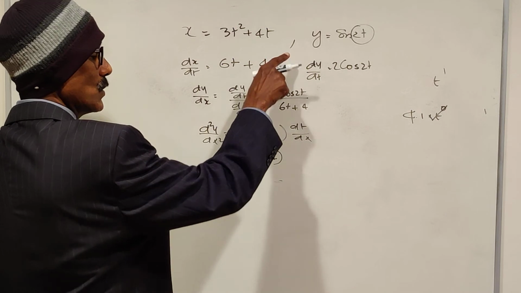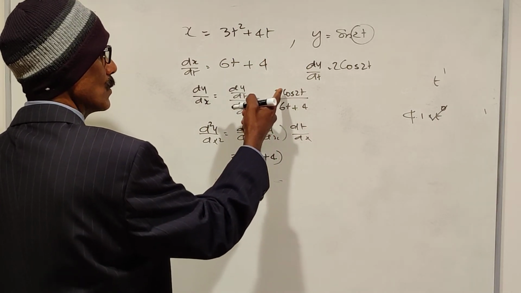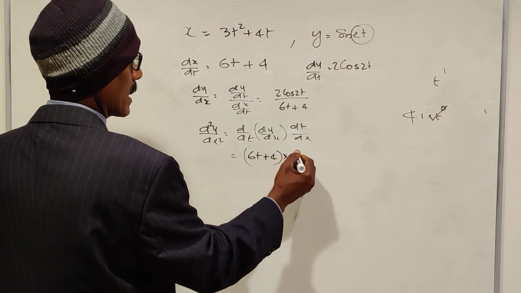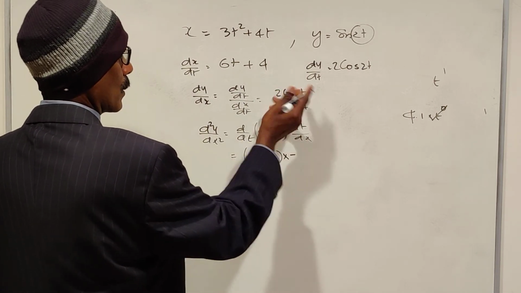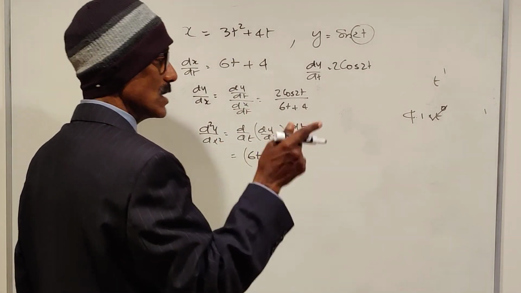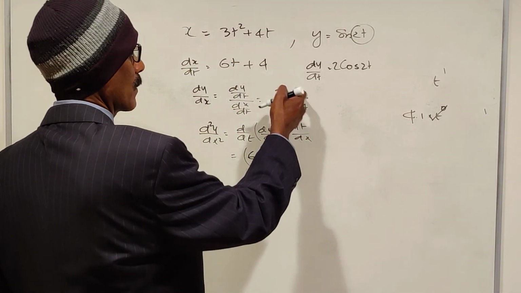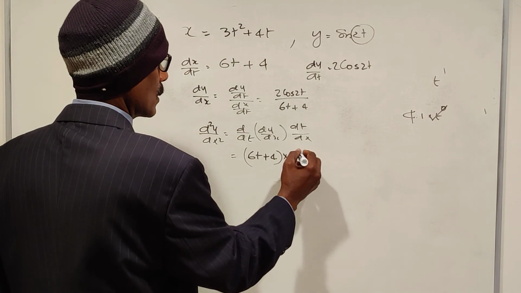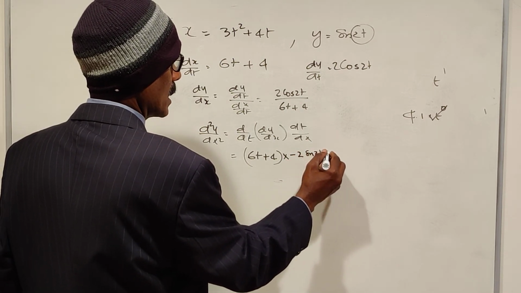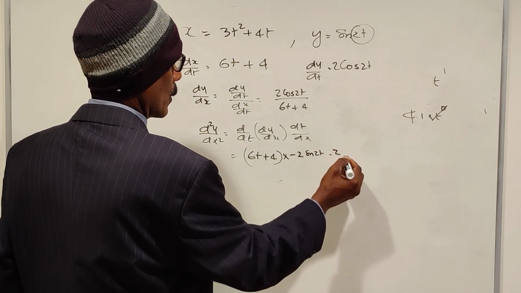V into derivative of u. What is the derivative of cos 2t? Derivative of cos 2t is minus sine 2t into 2. Derivative of 2t is 2. So minus 2 sine 2t times 2, right?